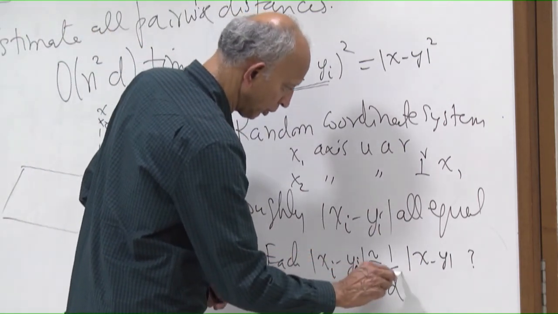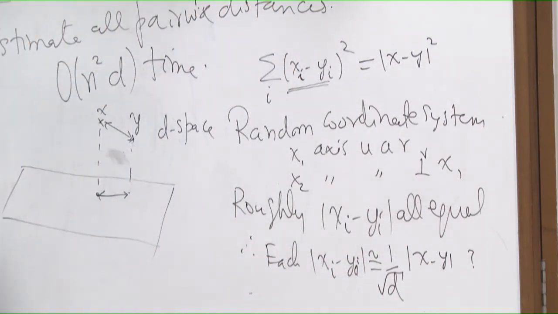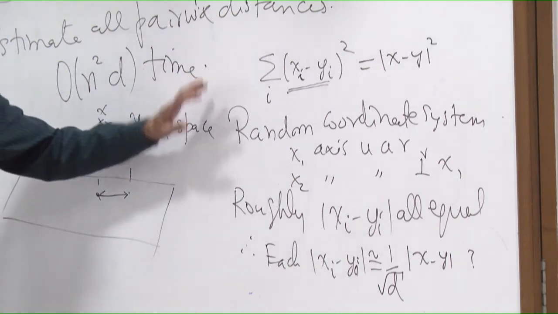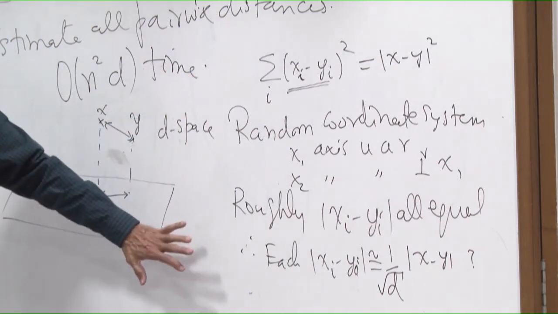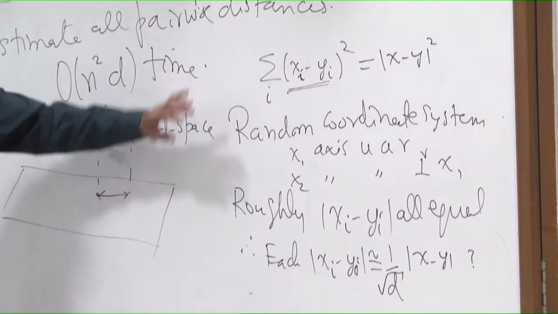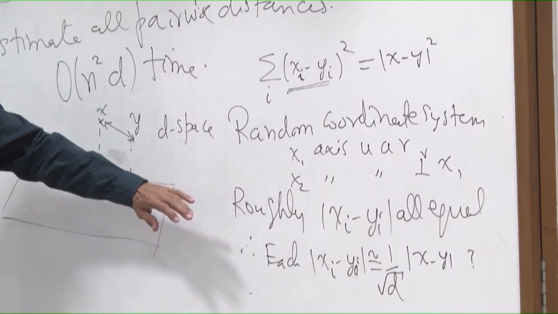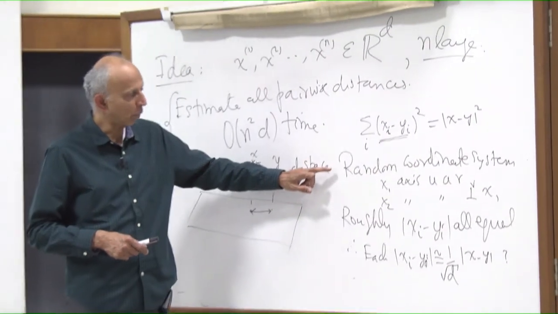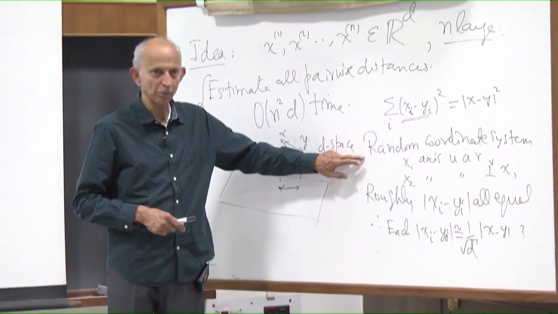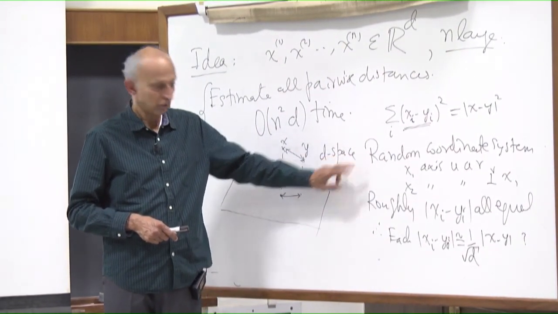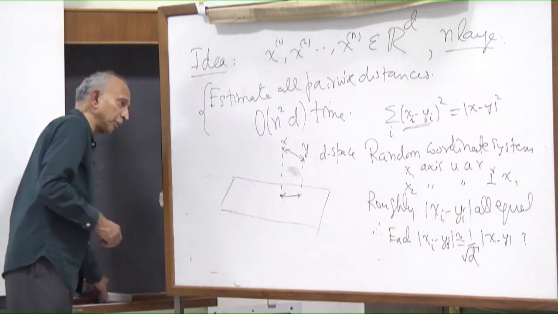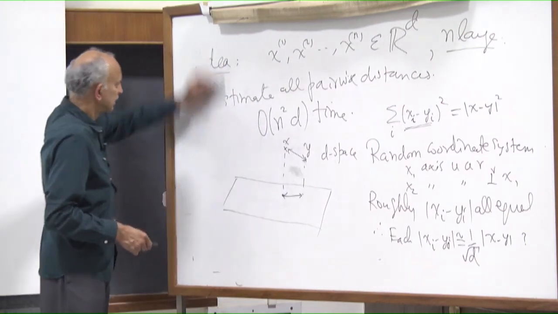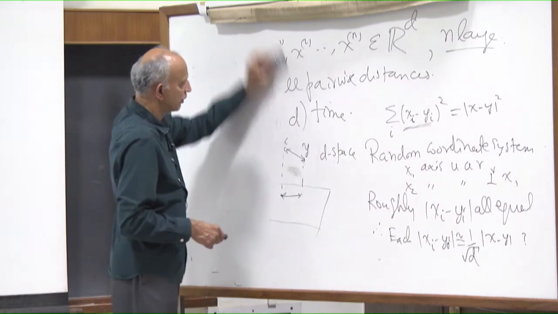So this will be 1 over root d. So this is correct. It turns out to be provable as a theorem. This was proved by Johnson-Lindenstrauss in a 50-page paper, perhaps, in the beginning. And the difficulty was the random coordinate system. That was difficult to do and prove, but later proofs did the following very simple thing.